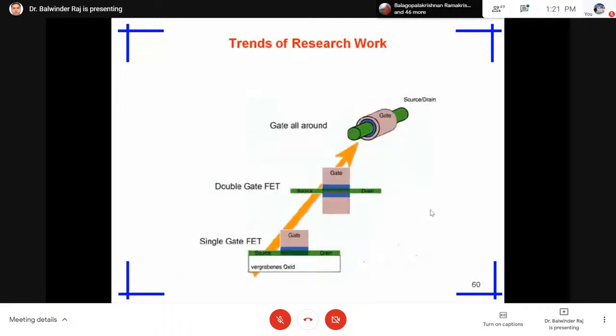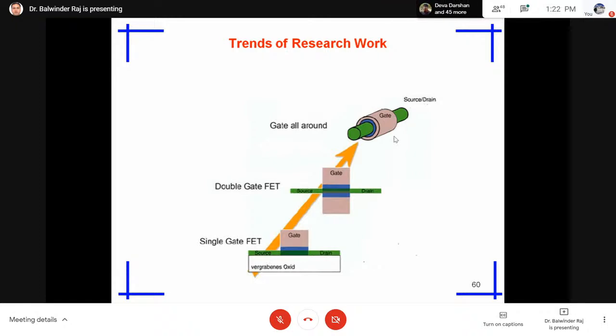What are the research directions? In this domain, we have seen the conventional single gate MOS devices. They are now further developed with the double gate or FinFET. Currently you can see this gate all around type of structure that is under research: nanowire, CNT FET, nanosheet, nano ribbon.